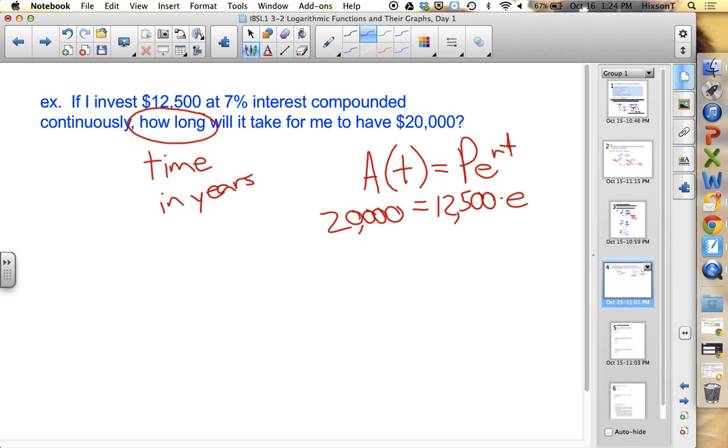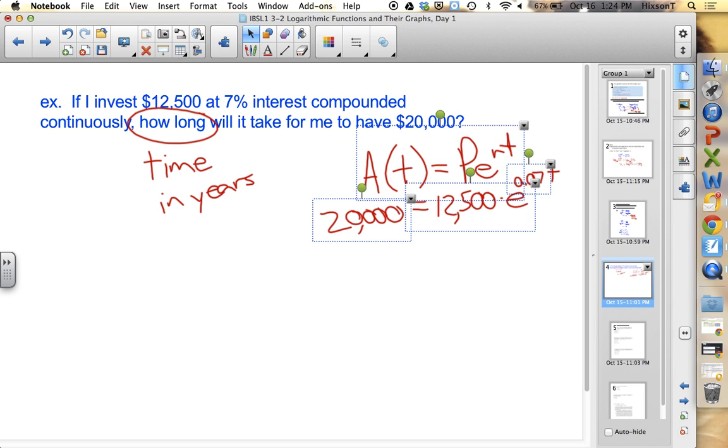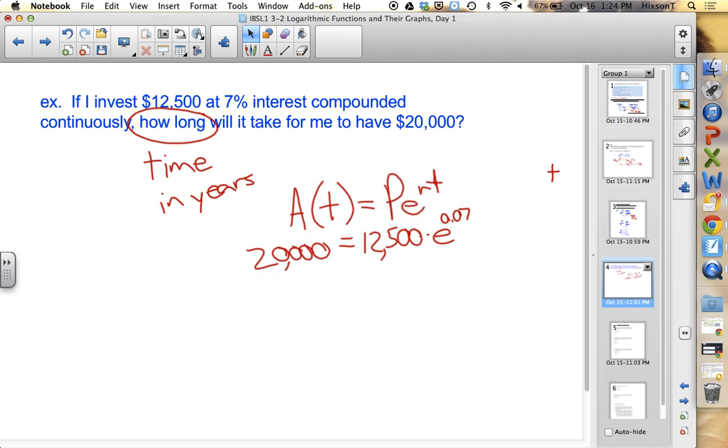Now be careful with r. What do I plug in? 0.07. Remember it's a percent. If you plug in 7, you're doing 700% interest. That would be wonderful, but that's not the problem. It'd be wonderful if it's an investment. If it's a loan, we'd be in trouble.